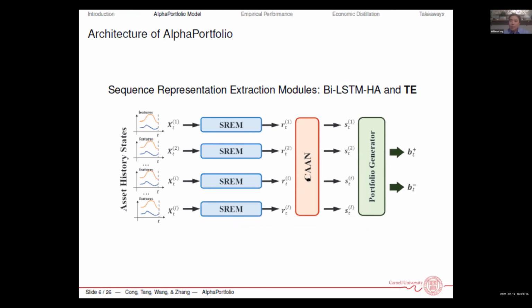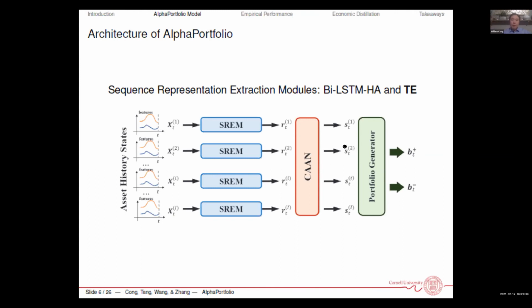After that, we build the CAN, cross-asset attention network. The idea is the cross-section of assets matters. So we're going to create a very flexible model structure. At the start, there's little economics there. It's just a very flexible model structure.